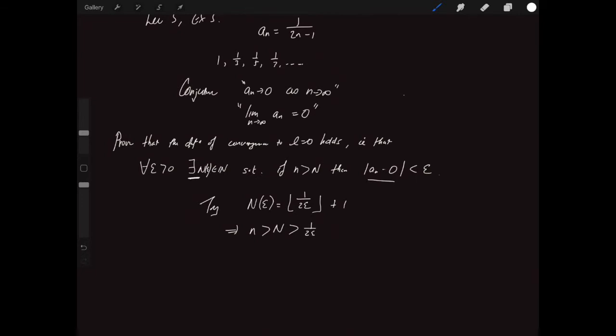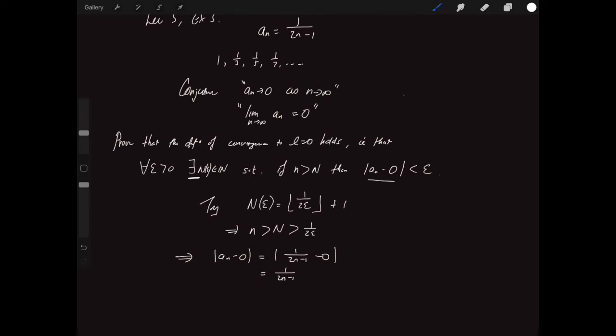So what does that imply for a_n minus 0? Well, that is 1 on 2n minus 1 minus 0, and the absolute value just gives me 1 on 2n minus 1. Now, this denominator here is a bit of a nuisance, this 2n minus 1.